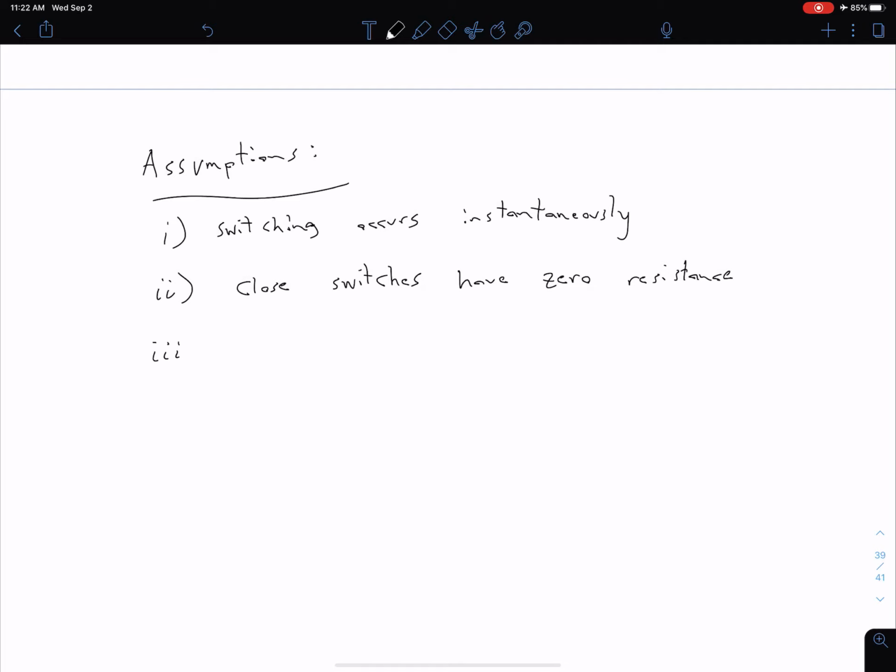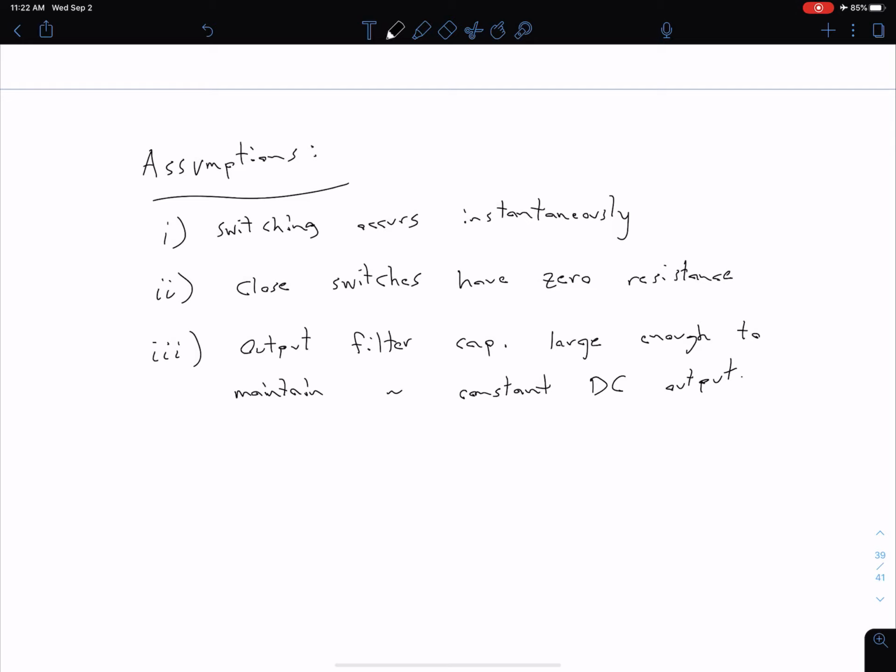That's why we call it an assumption, but it's going to give us a good first order approximation. And we're also assuming that we have an output filter capacitor that's large enough to maintain approximately constant DC output.